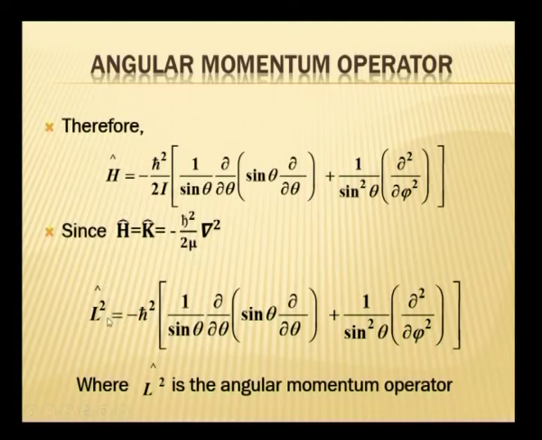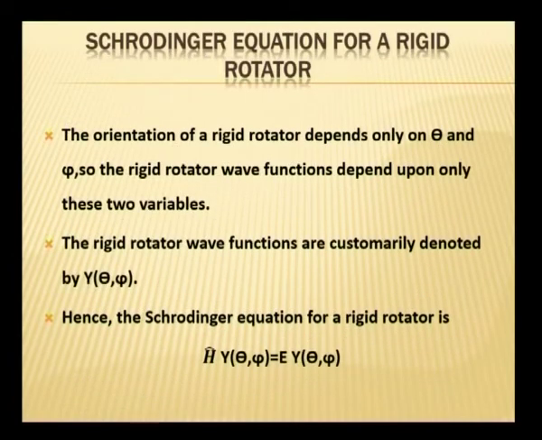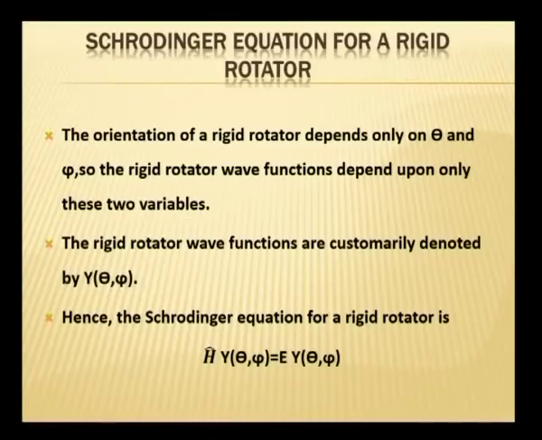Your L square, the angular momentum operator, will be minus h bar square into 1 by sin theta dou by dou theta, the entire thing that you have here. The orientation of a rigid rotator depends only on theta and phi, so the rigid rotator wave functions depend only on the two variables theta and phi. r is not appearing because r is assumed to be constant.